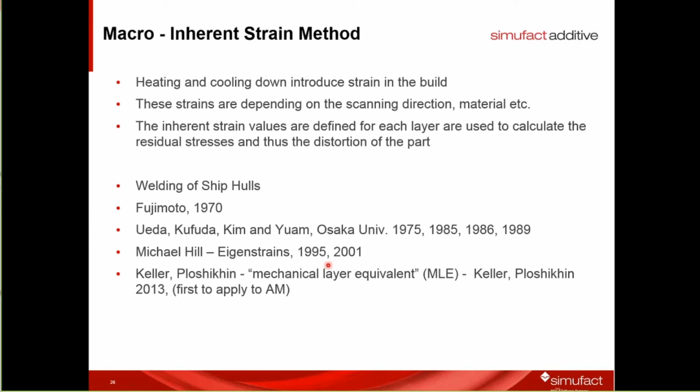Other people called it different names. In some programs you're going to hear the name eigenstrain method. It's the same as the inherent strain method. It was first applied to additive manufacturing by these two gentlemen at the University of Bremen. They used this technique, and they utilized Marc to get their first simulation.